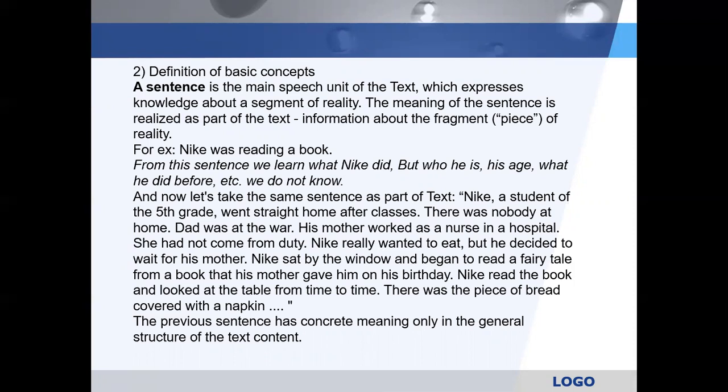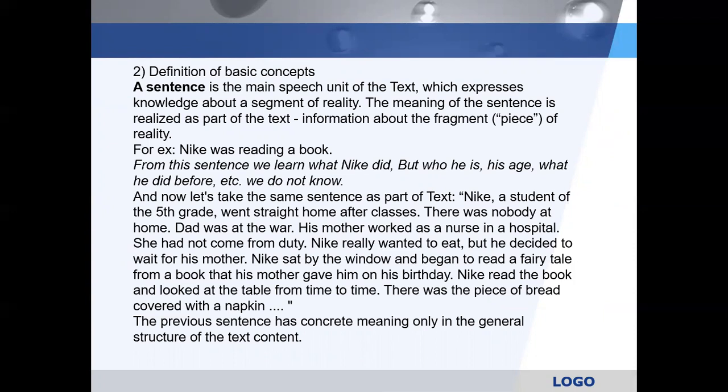And now let's take the same sentence as part of the text. Mike, a student of the 5th grade, went straight home after classes. There was nobody at home. Dad wasn't there. His mother worked as a nurse in a hospital. She hadn't come from duty yet.